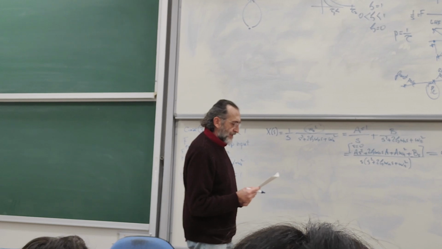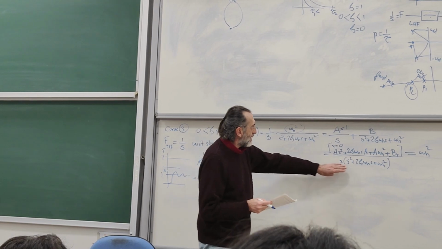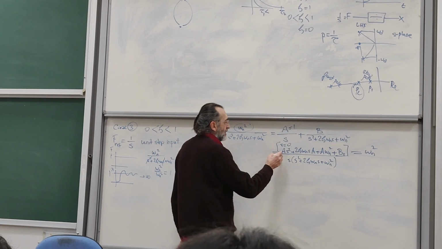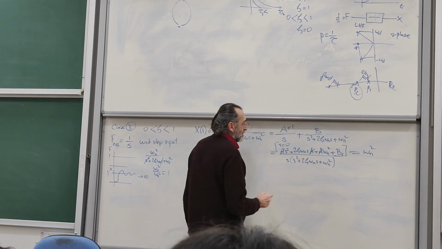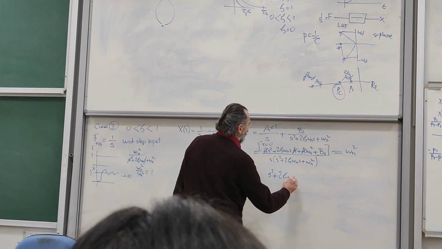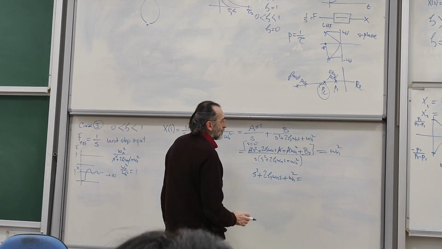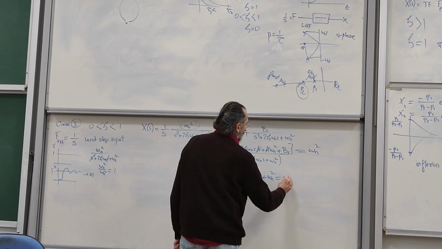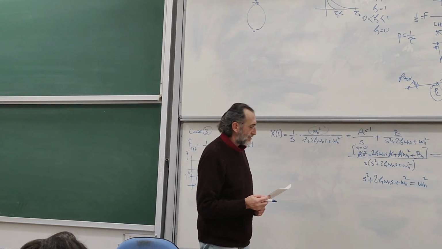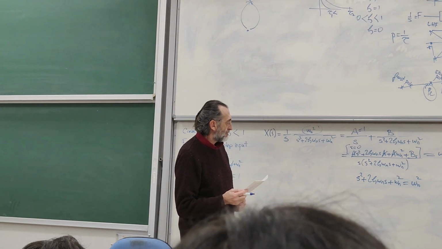What we do then is equate this to omega n squared, and since A is equal to 1, I can get rid of the A's. Okay? So S squared plus 2 zeta omega n S plus omega n squared is equal to omega n squared plus BS.